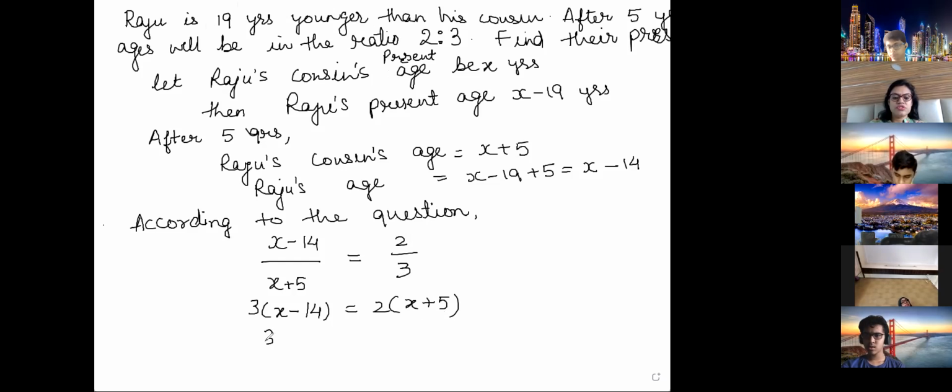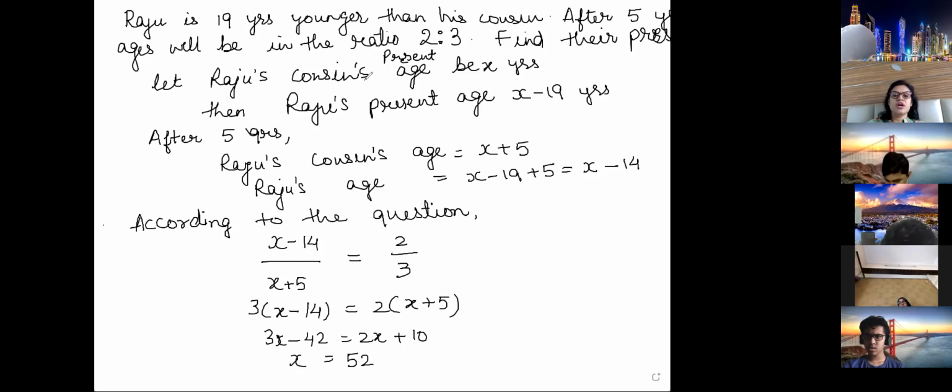Then you can solve 3x. 3 into 14 is minus 42, equal to 2x plus 10. This 2x comes over here. 3x minus 2x, x. And minus 42 goes over there, becomes plus 42 plus 10 is 52. So x's value is 52.